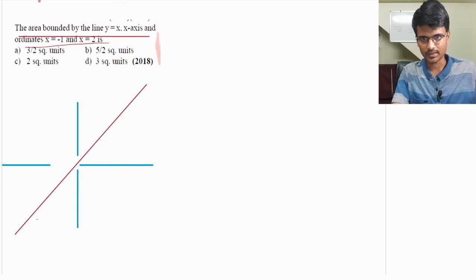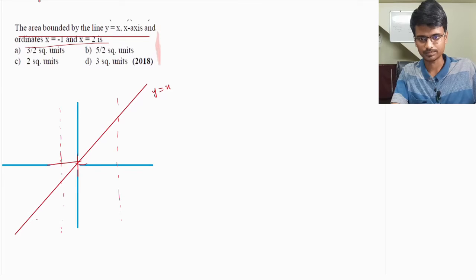This is my y equal to x, and x equal to -1 is somewhere here, and x equal to 2 is somewhere here. So this is the area bounded by the line. I have to find this area, the area of interest.